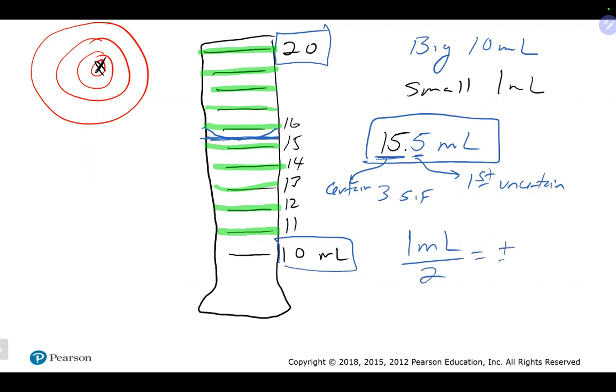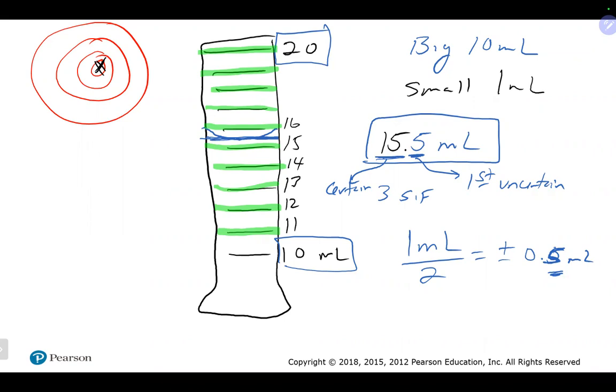That tells you this is plus or minus 0.5 milliliters, which is 1 decimal place, which is exactly where we took the reading to. So again, that is how you can figure out how far you can take the reading. Typically speaking, you could go one more place, usually to the right of the smallest marking. Not always, but typically speaking, you could go one more place to the right of that smallest marking. Any questions on that there?